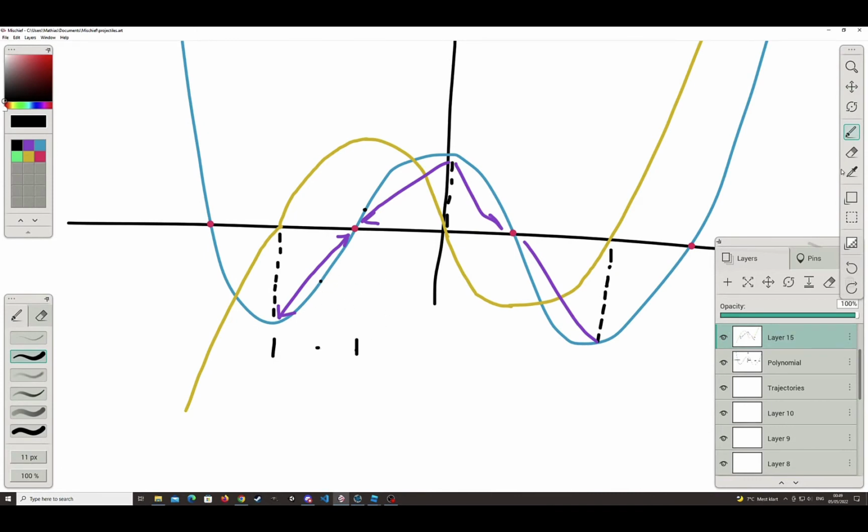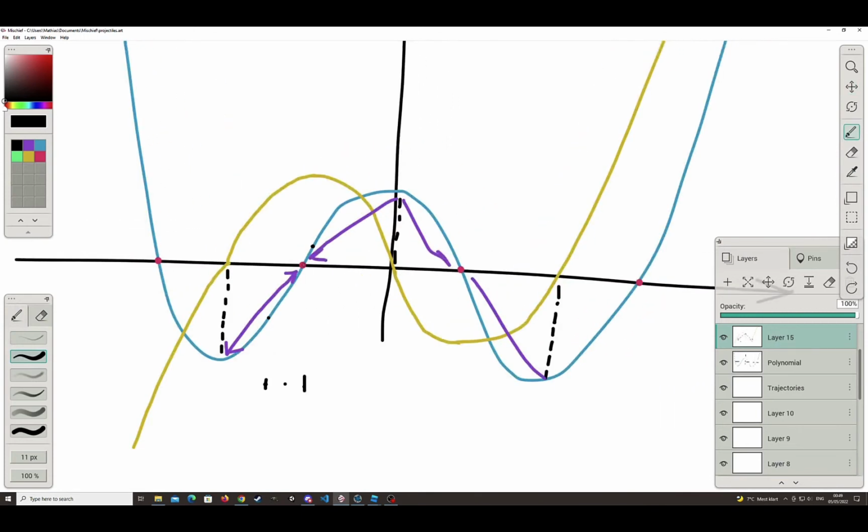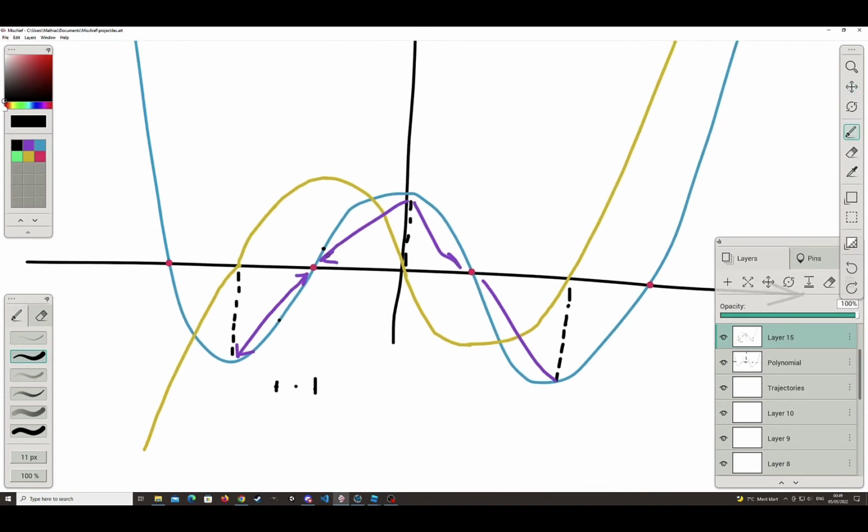And we can do the same thing over and over. So this time it's negative, so we have to move up here. And we can continue doing this until we're happy with the position. And we can do this for all the roots. So we know that between this valley and this peak, there's a root. Between this peak and this valley, there's a root.